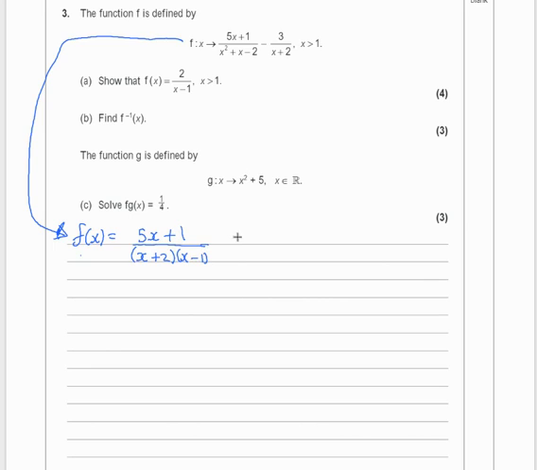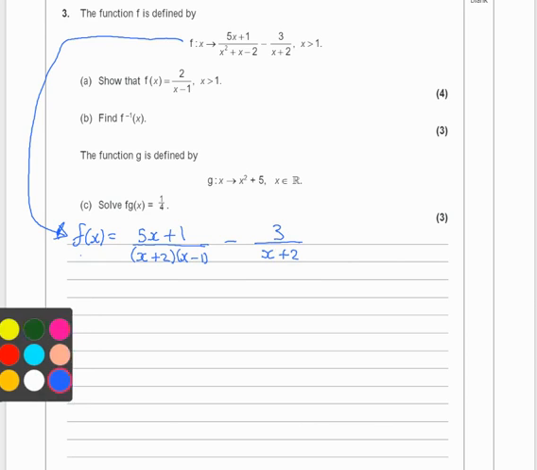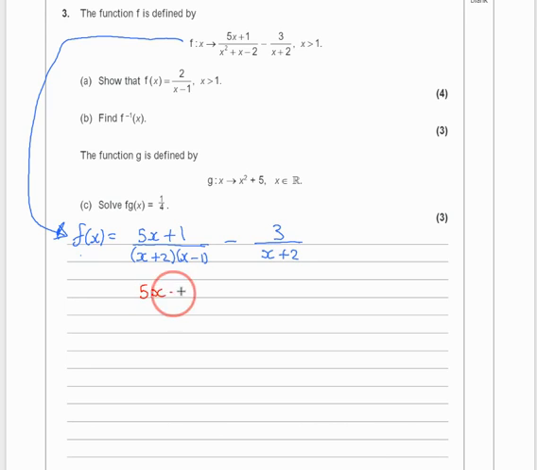That's useful because now we're taking away this fraction, 3 over x plus 2. So there is some sort of denominator that they have in common. If I leave this as 5x plus 1 over x plus 2 bracket x minus 1, take away, I want to make the denominators the same.